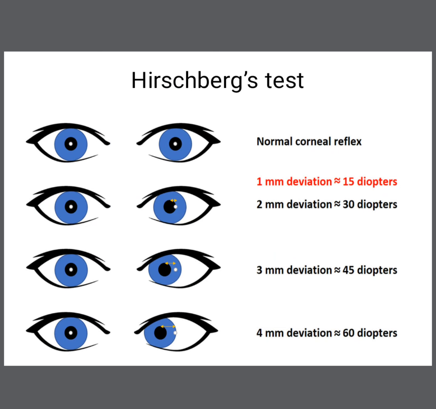And in the last figure, the corneal reflex falls nearly at the limbus, so it gives 4 mm of decentration temporally. Thus the amount of squint is approximately 60 prism diopter of esotropia.